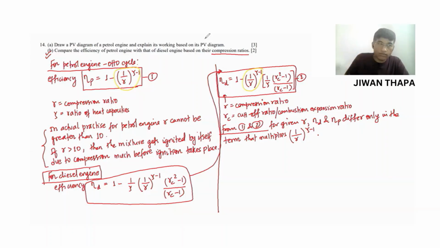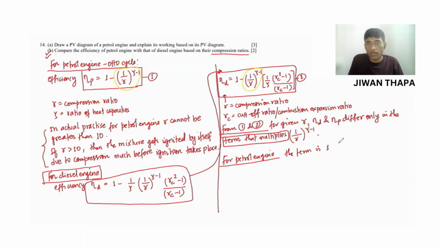Now, what do you find? For the petrol engine, the term that multiplies 1 by r gamma minus 1 is 1.